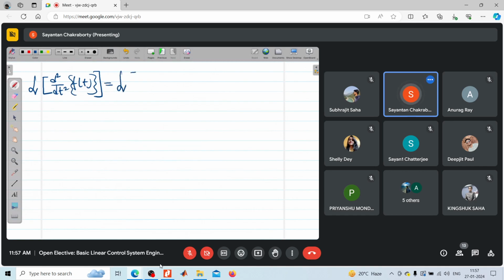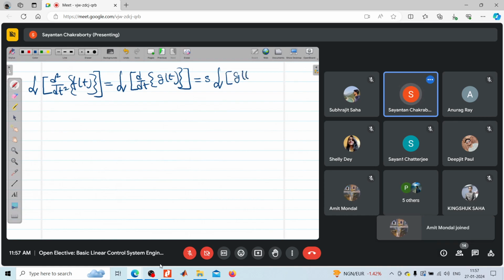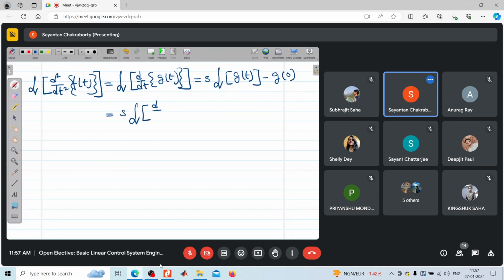Say this is the Laplace transform of d/dt of g(t). So it will be s times the Laplace transform of g(t) minus g(0). What is g(t)? It is d/dt of f(t).